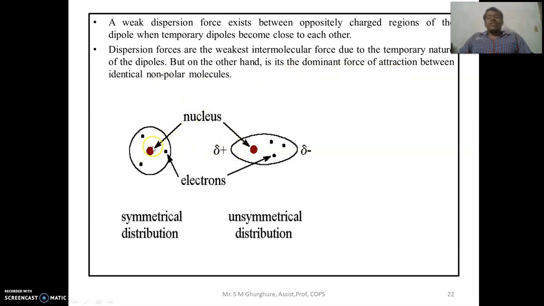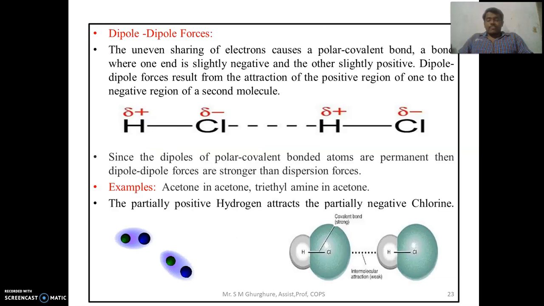Suppose this molecule does not have any charge present on it, but there is a dipole moment; when this molecule starts to rotate towards this one, then a charge is induced on these particles, and that force of attraction is called the London force of attraction. These are the weak type of bonding between the molecules.